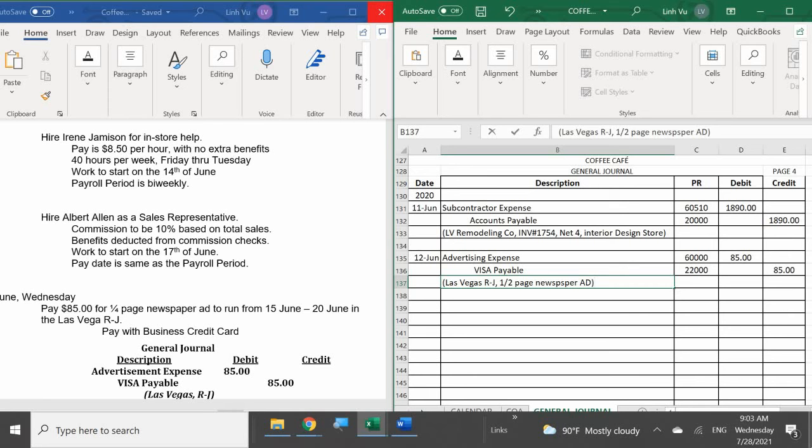So all this should be good enough. Right? Just the vendor and what this transaction's for. Okay? So at least you indicate what that advertising expense is, which is for purchasing half a page of a newspaper article. Okay?